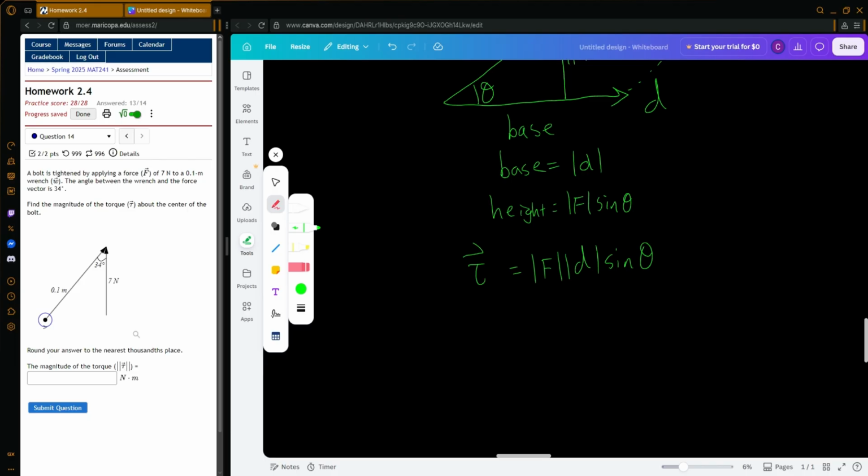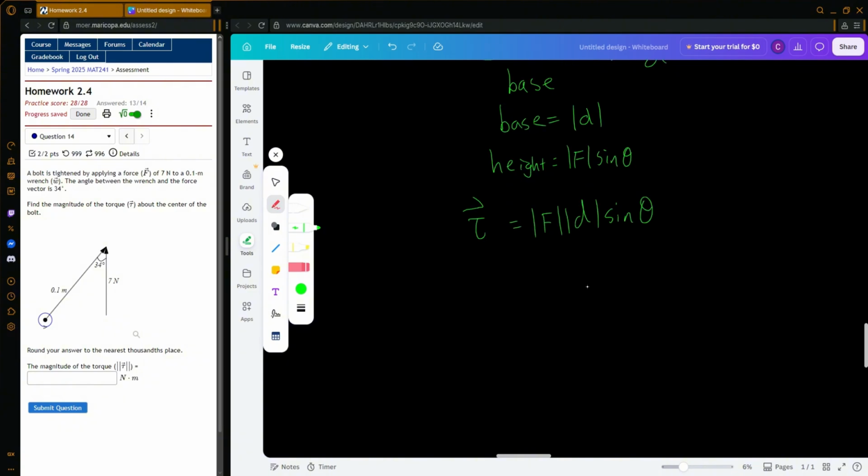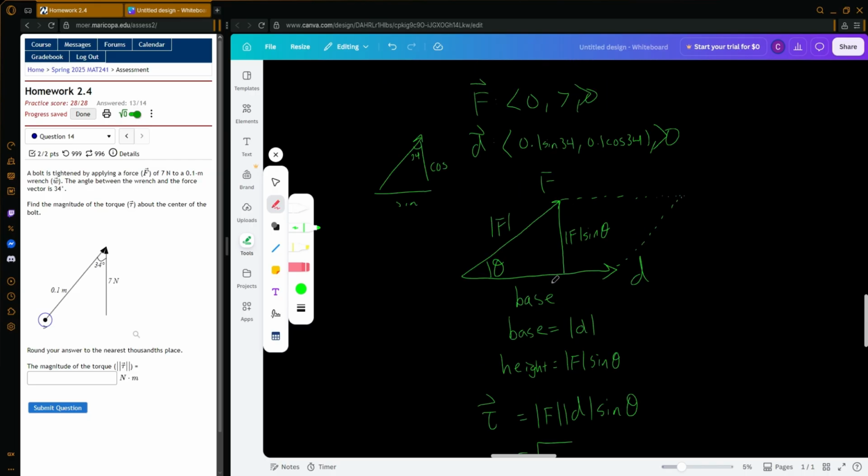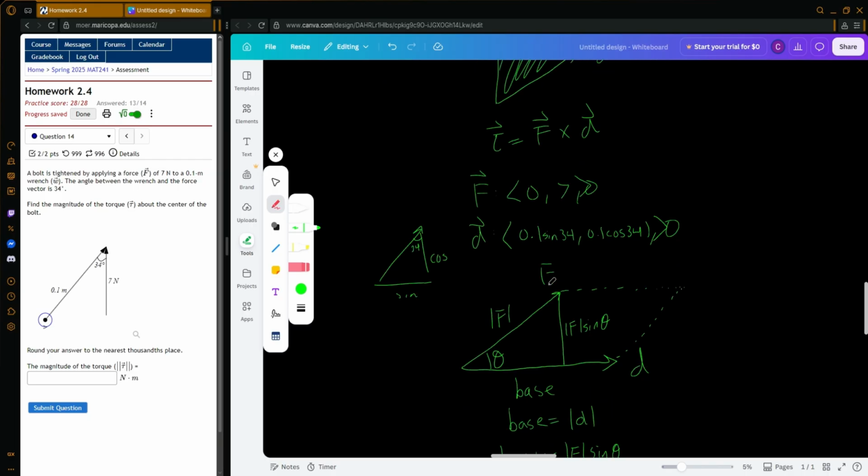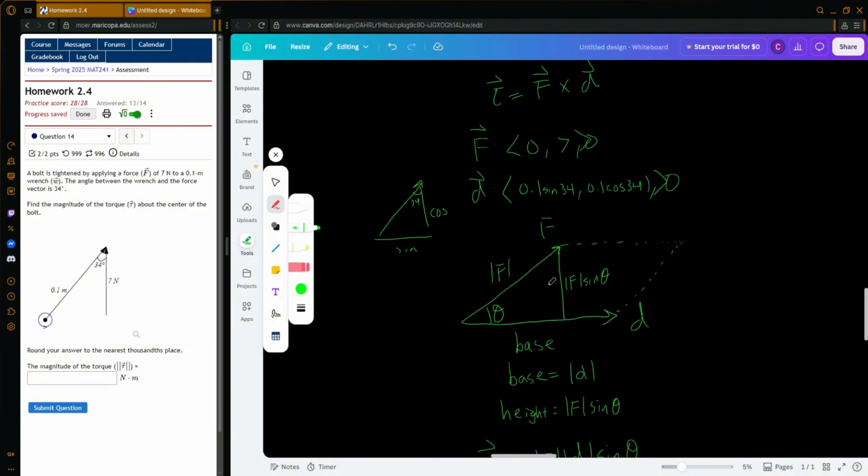So this is a better way to do it when things are in 2D. Find the magnitude of f, find the magnitude of d, and then multiply by the sine of the angle. So let's do that. The magnitude of f is 7, we know that.